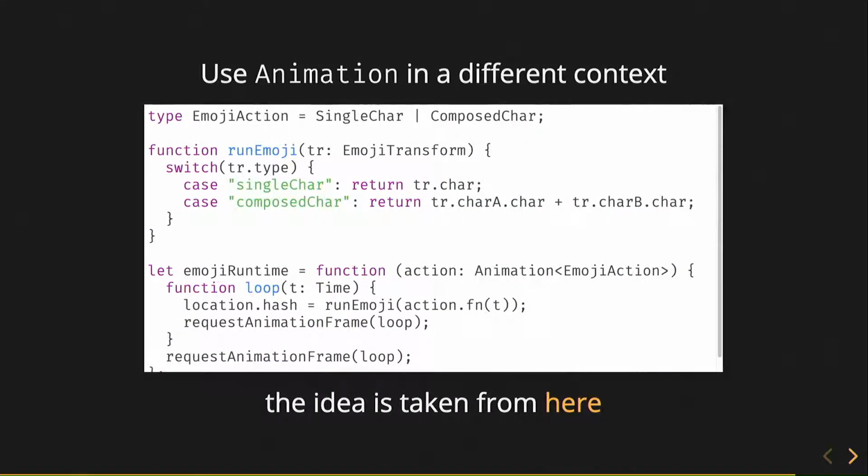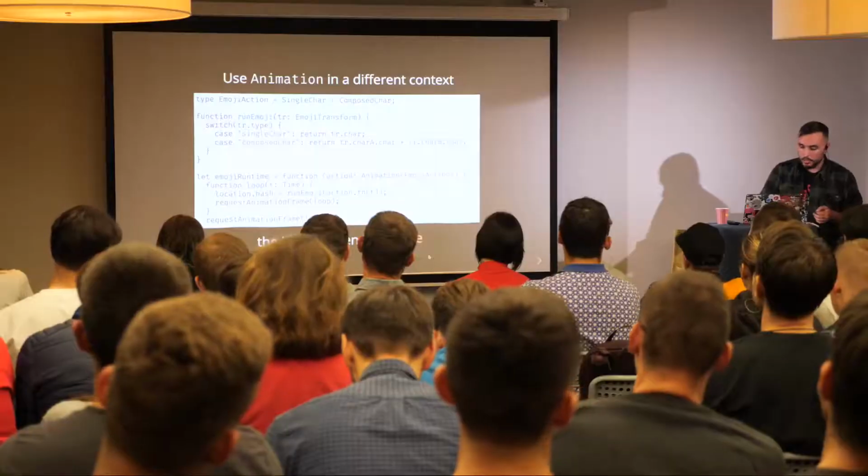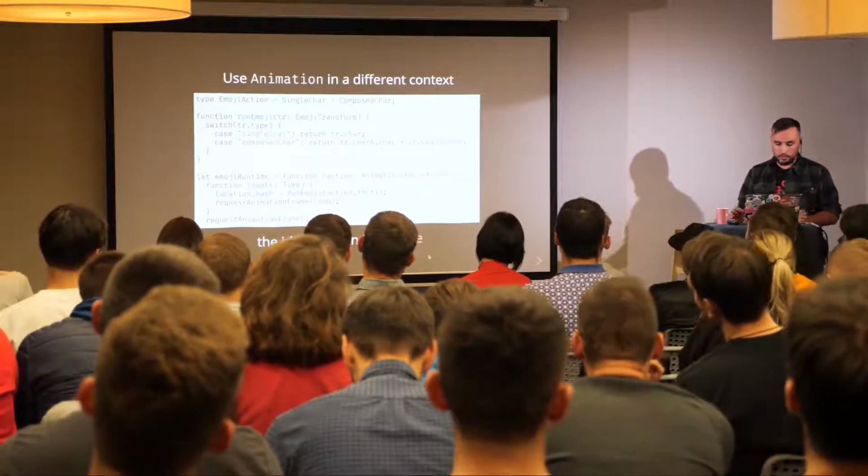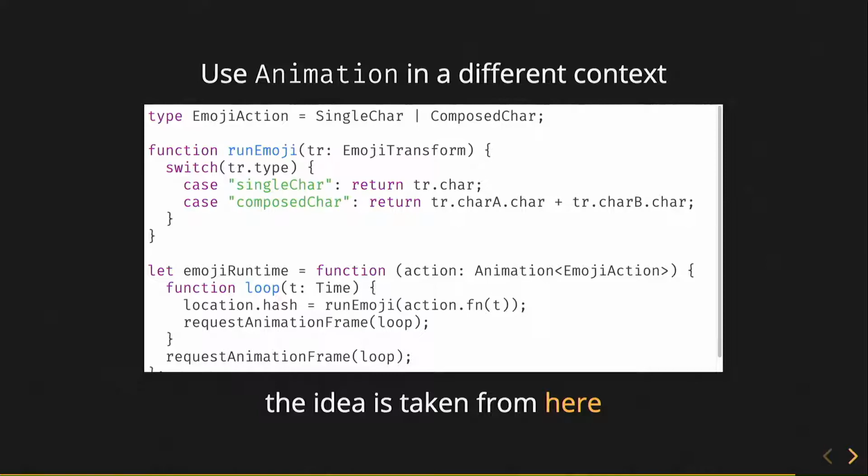There is also a nice thing that some of those abstractions can be reused even in different contexts. So for example, I recently saw an article by a guy who animated an emoji in the address bar, and I tried to do the same using the approach I described earlier. So I also defined my time emoji action, which just has a single character and a composed character.